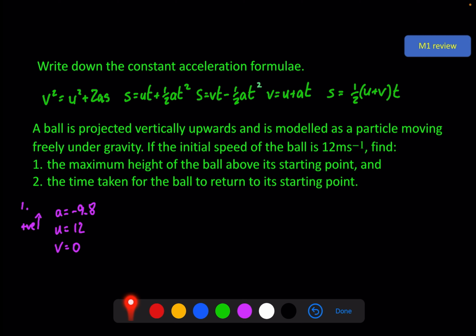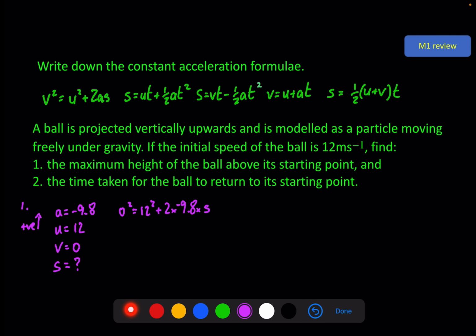What we want to find is the maximum height, that's s, so we pick the appropriate formula to find s when we know these other 3 things. In this case, we can use the first one. Putting in those numbers, we get 0 squared equals 12 squared plus 2 times minus 9.8 times s, which is the thing we want.